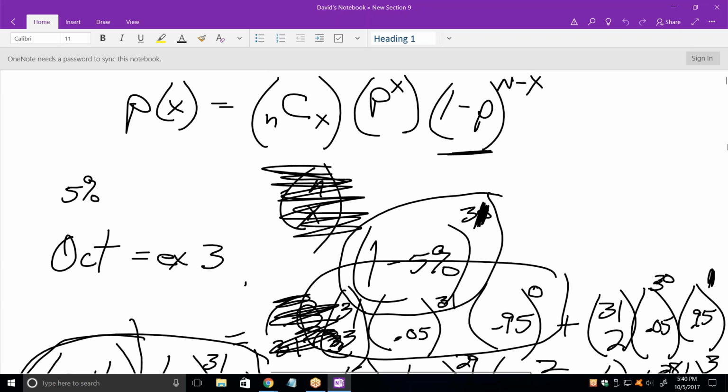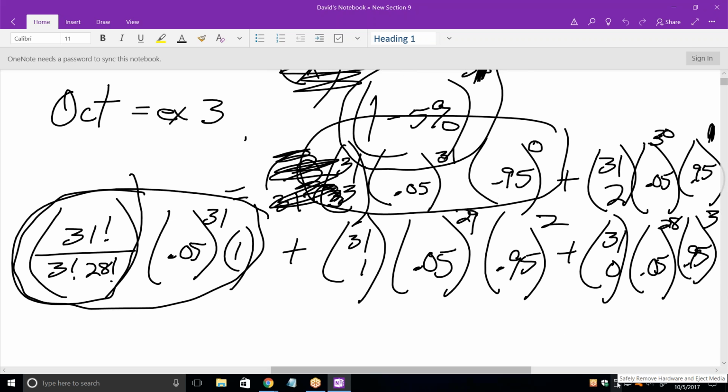Ah, okay. That fits your formula more. Okay. 0.05 to the third times 1 minus 0.05 to the 28th. Yeah, that's the probability to the x times 1 minus the probability to the n minus x.